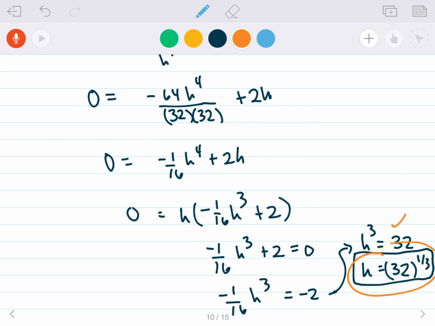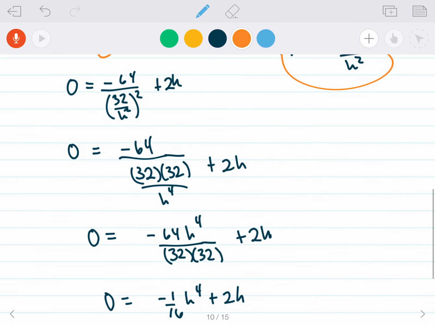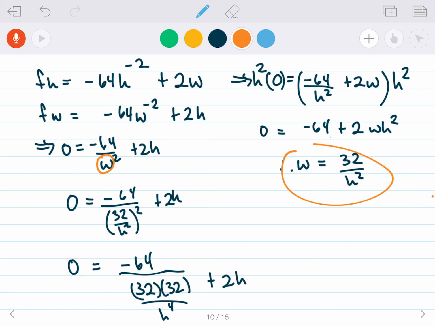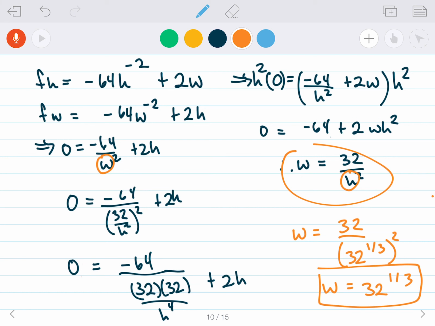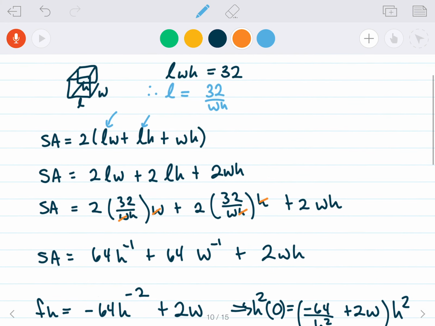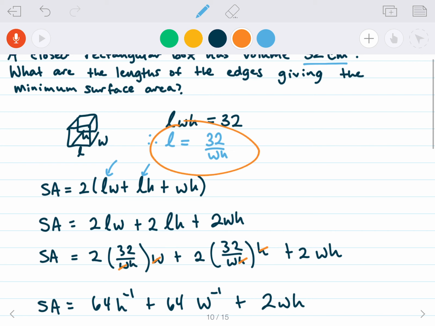So that's h. For the other dimensions, we can just plug h in right here to get w. It turns out when we do that, we get 32 over 32 to the 1/3 squared, and that's just going to reduce down to 32 to the 1/3 as well. And then finally, to get L, we can go way back up here and plug in L equals 32.